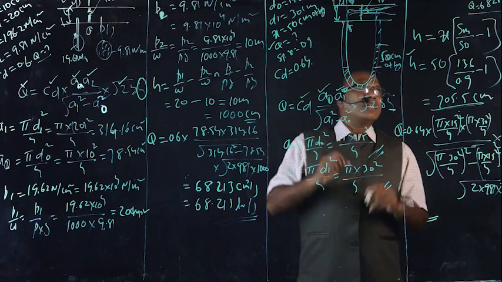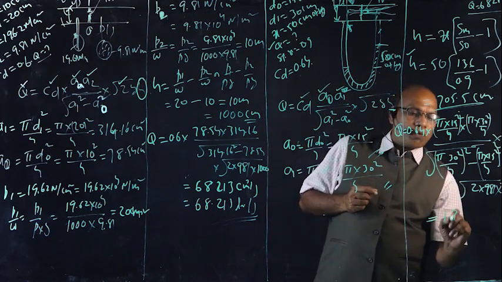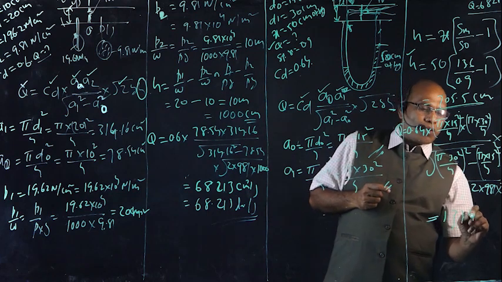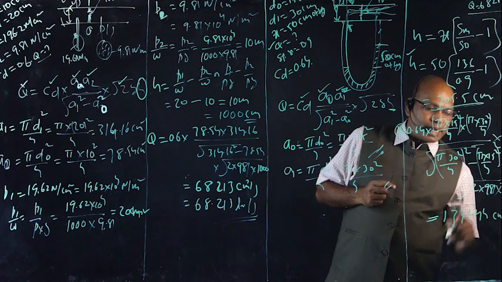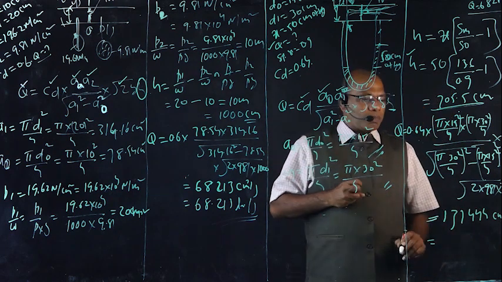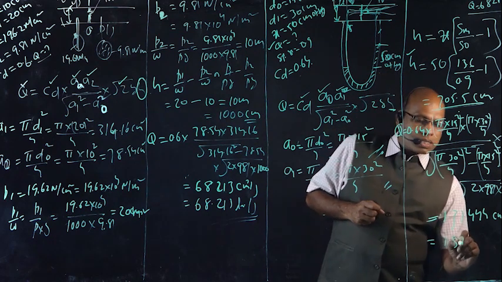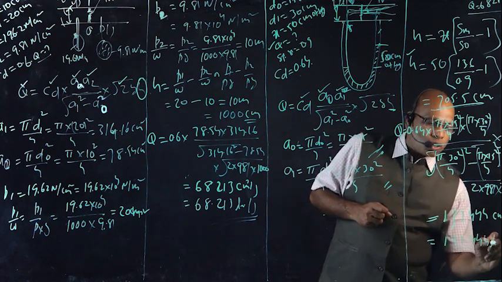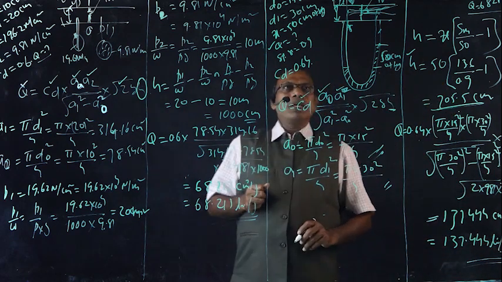Finally the discharge from the pipe is determined here: 137444 centimeter cube per second. Now this converts into 137.44 liters per second. This is the rate of flow through the pipe.